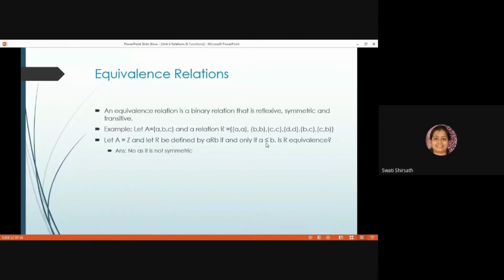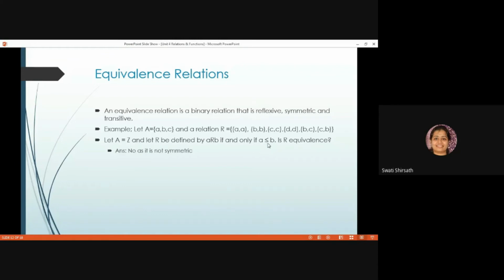So for all elements of the set, we can have (1,1), (2,2), (3,3), (4,4), (-1,-1), (-2,-2) kind of pairs. Okay, so it is applicable to this reflexive relation. So we will say this relation is reflexive.